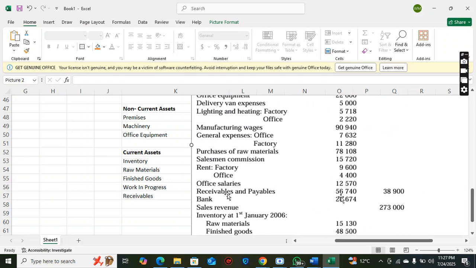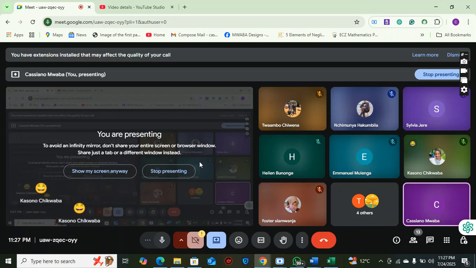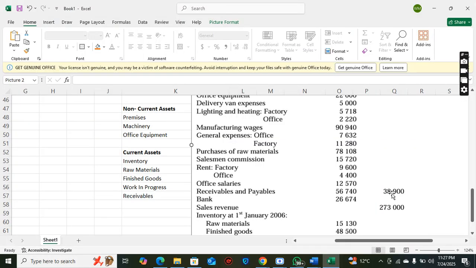Because here we give receivables and payables. I want to see those who remember. That's wrong, sir. Not the 38,900. Okay. Mr. Twambo, which amount? Since we know it's not, it's the 56,740.